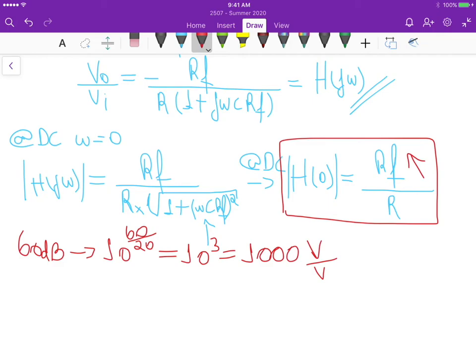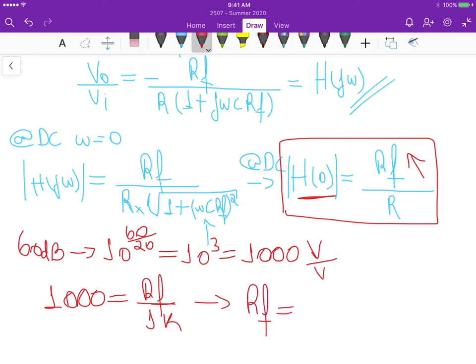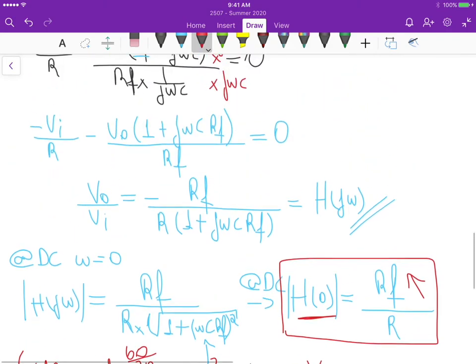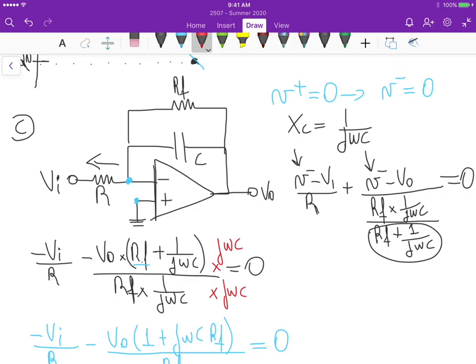Now if we substitute this 1000 in this linear equation for the magnitude of the gain, we get 1000 equals RF divided by R, which in our case is 1K, and this leads to RF equals 1 mega ohm. So this 1 mega ohm resistor that we insert over here limits the gain at DC to 60 dB.